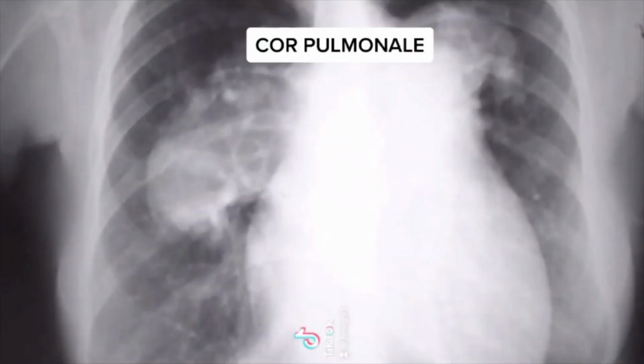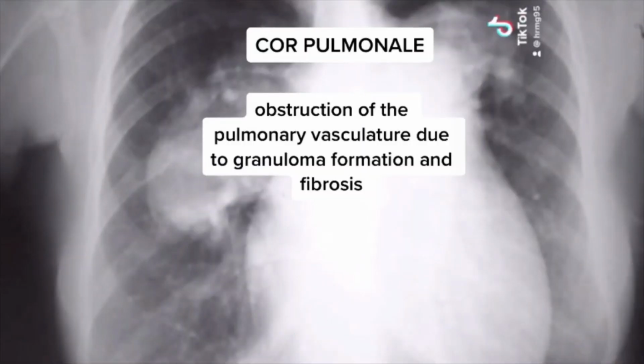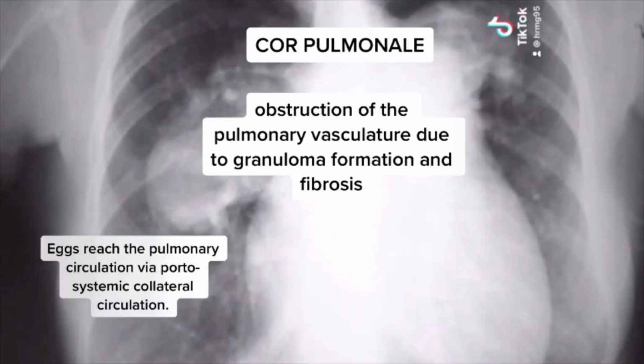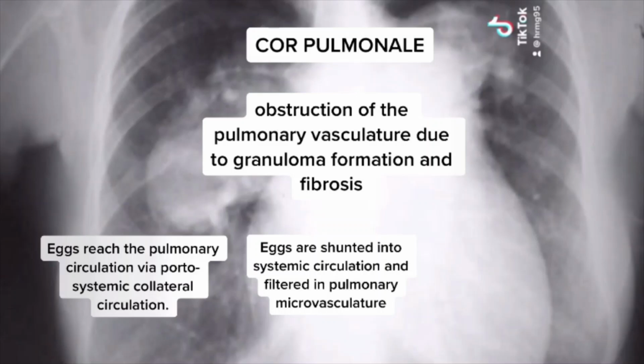Cor pulmonale can result from obstruction of the pulmonary vasculature due to granuloma formation and fibrosis. Eggs likely reach the pulmonary circulation via the portosystemic collateral circulation, where eggs are shunted into the system and filtered in the pulmonary microvasculature, eventually causing pulmonary hypertension.